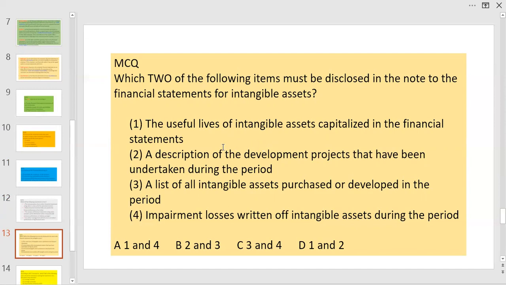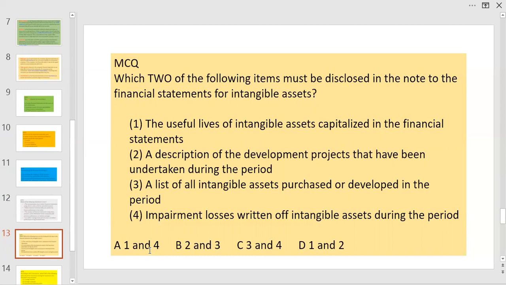Answers 2 and 3 are talking about description and list, which is not required. Therefore, the answer is 1 and 4. The useful lives of intangible assets capitalized in the financial statements. 4. Impairment losses written off during the period.